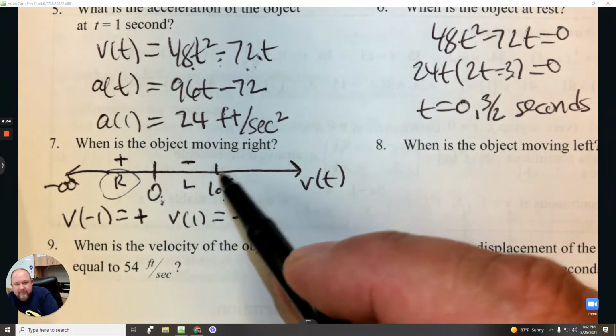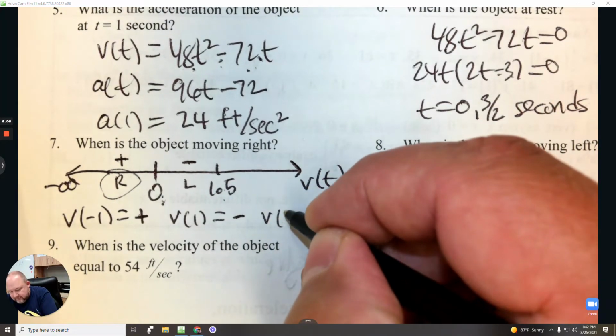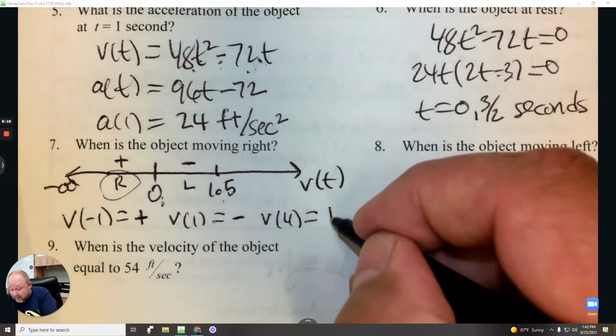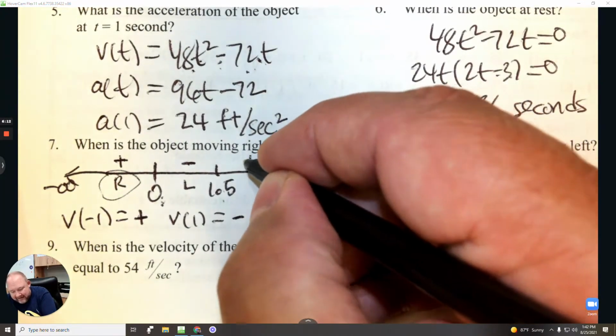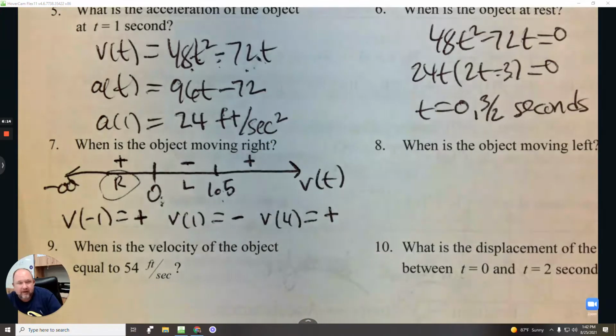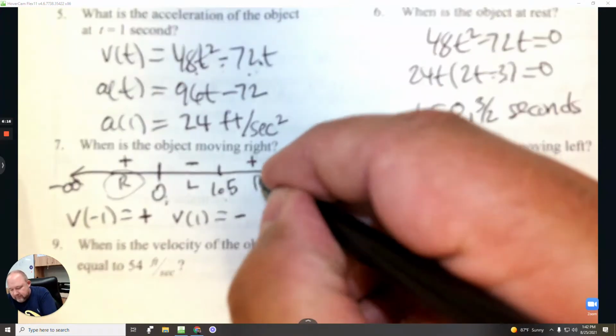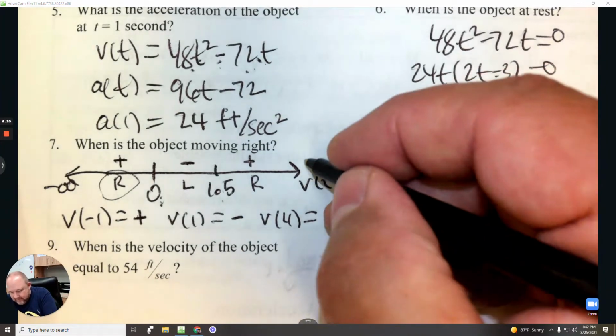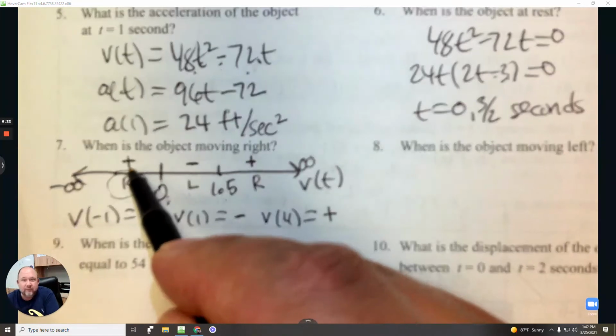And then pick a number bigger than 1.5. Doesn't matter what number it is. If you plug it into the velocity, you get a positive answer. I don't care what the actual number is right now, I'm just seeing if it's positive or negative. So this means it's moving to the right. So when is the object moving to the right? It's when the velocity is positive.